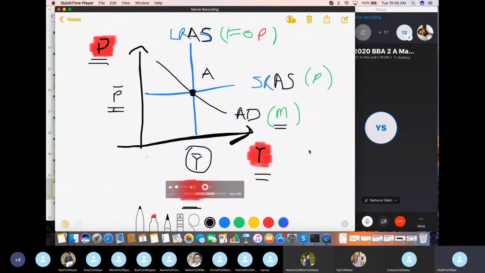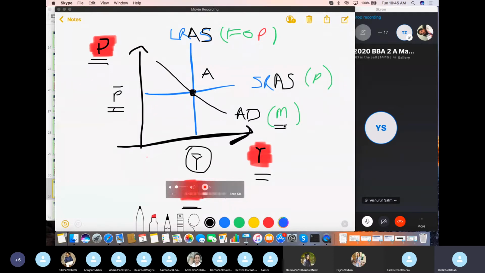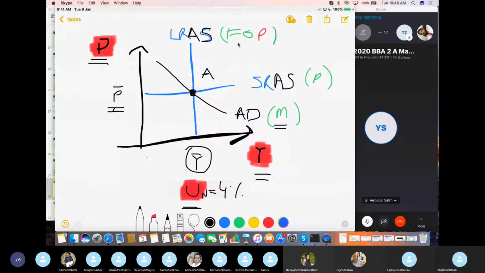If some event happens in the world that impacts the money that people have, or the price of things in the economy, or the factors of production available in the economy, this is called an exogenous shock to the economy, meaning coming from outside.